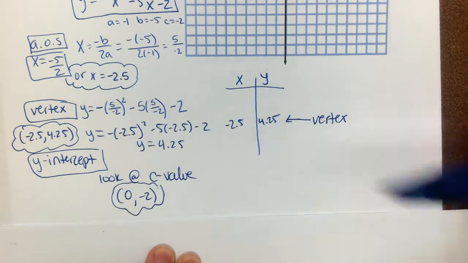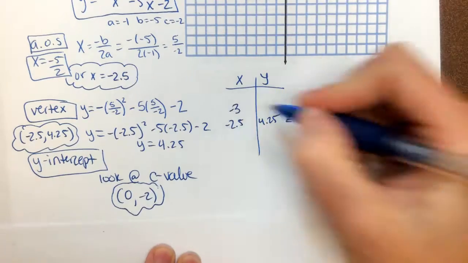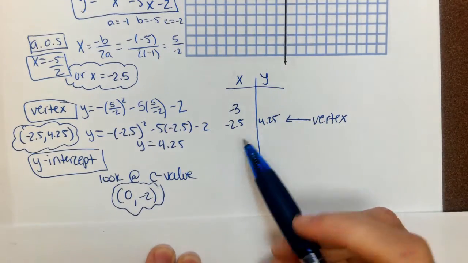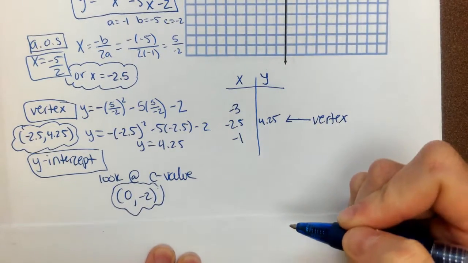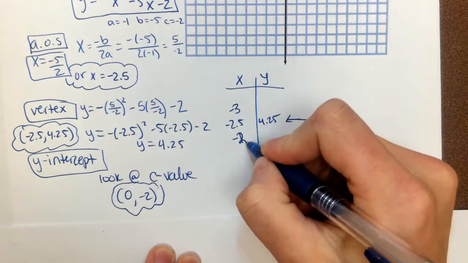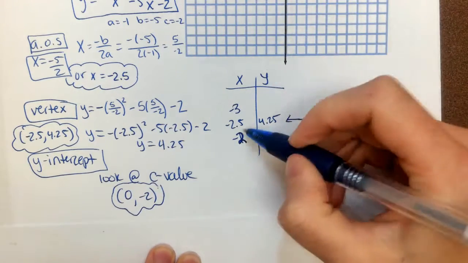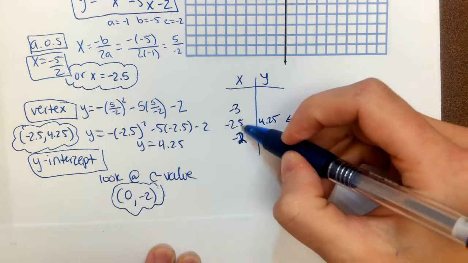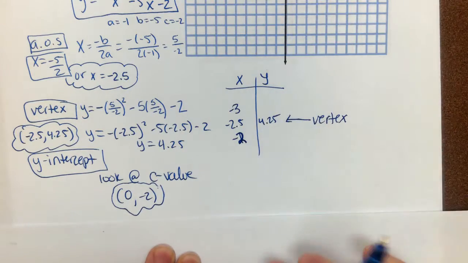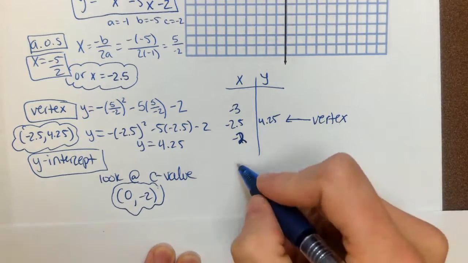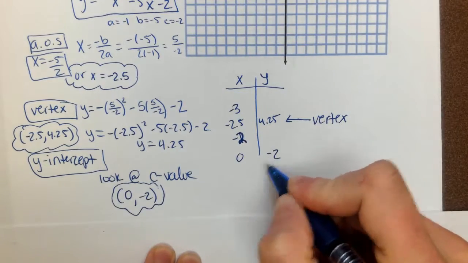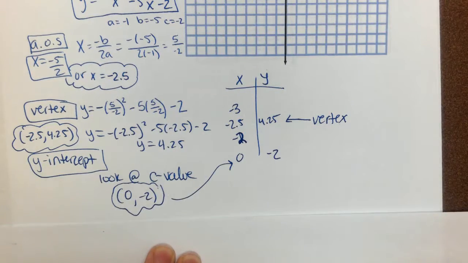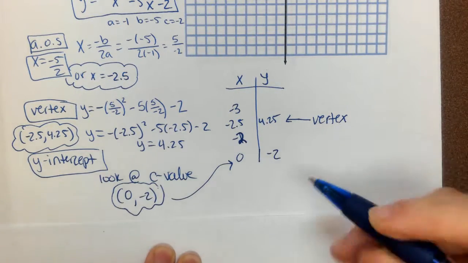So one number a little less would be -3, and one number a little higher would be -2. So that way I've gone 0.5 in both directions. Keeping it even will make it a little easier. And then we know 0, -2 from your y-intercept. We can put that in that table of values too.